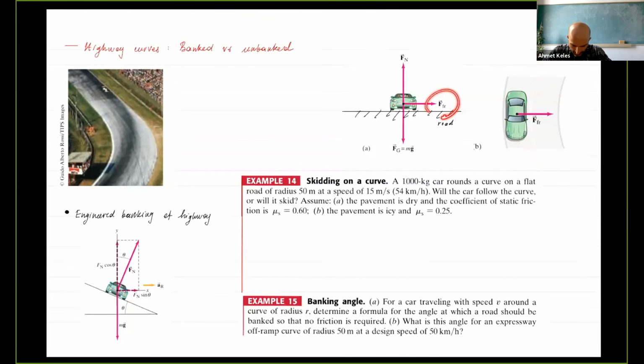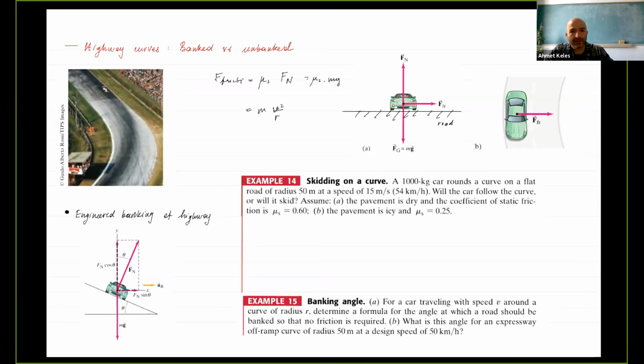The friction is equal to mu s, the static friction, because we are assuming there is no sliding in that direction, times the normal, which is equal to mu s times mg, and this thing should be equal to m v squared over r.